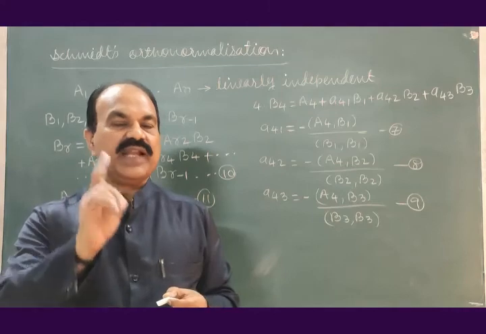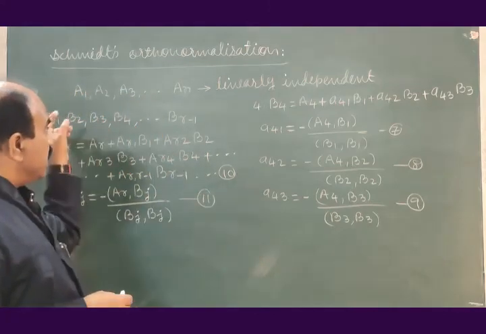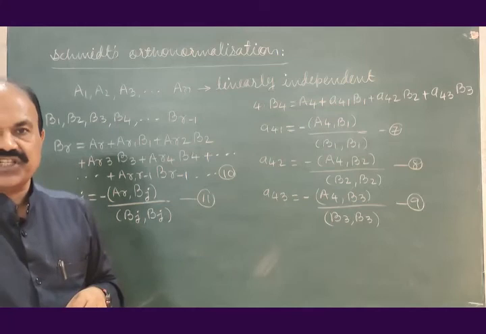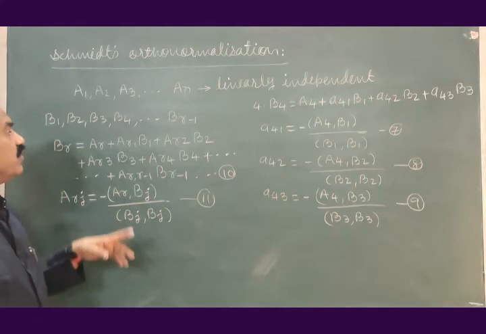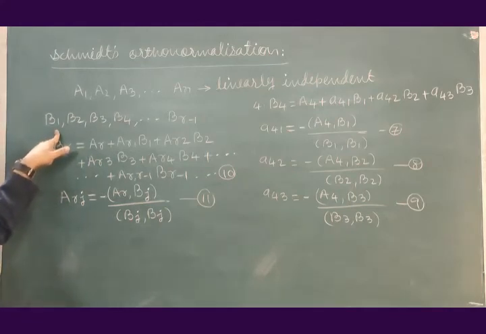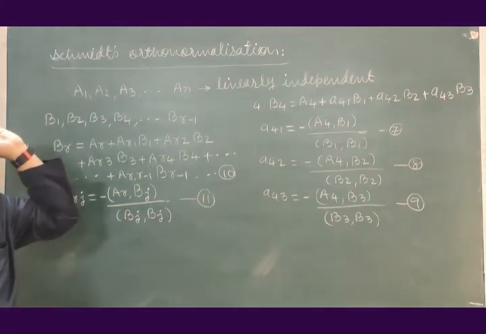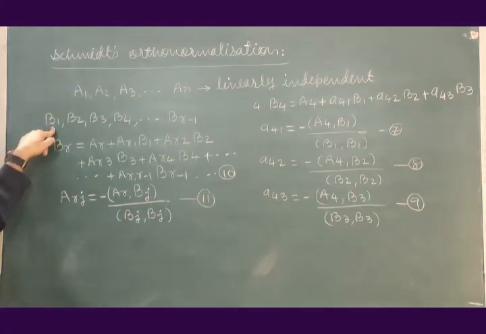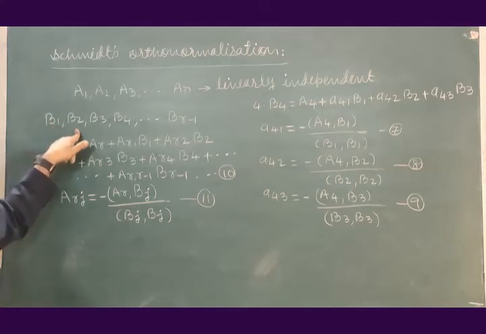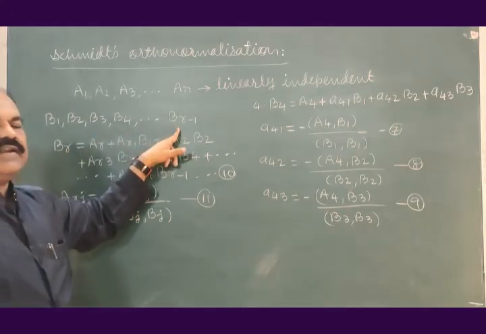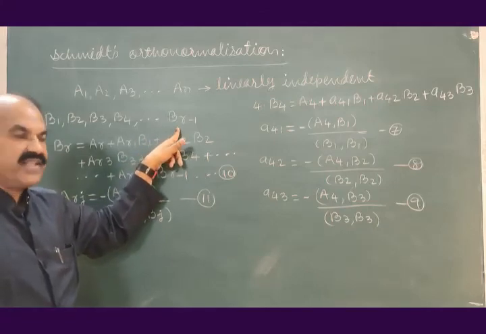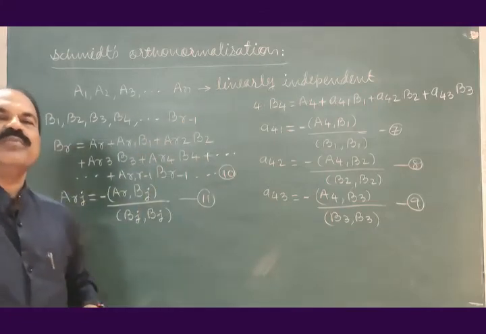To get the set of n number of orthonormal vectors corresponding to these vectors in the n-dimensional space, what we have to find? We have to find the norm of b1, norm of b2, norm of b3, norm of b4 and so on up to br. Divide b1 with norm of b1, divide b2 with norm of b2, divide b3 with norm of b3, divide b4 with norm of b4, divide br minus 1 with norm of br minus 1, divide br with norm of br.